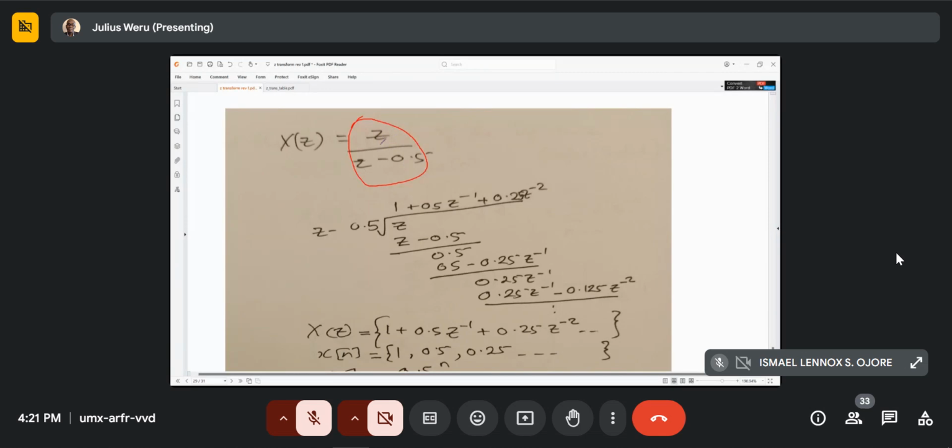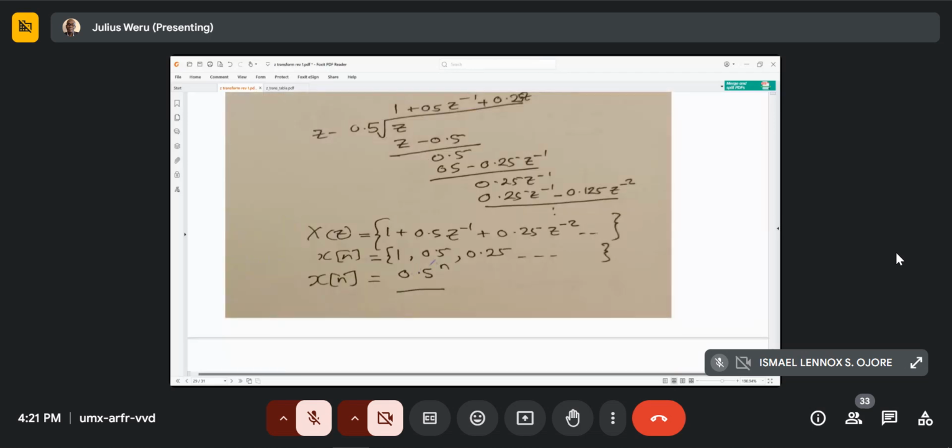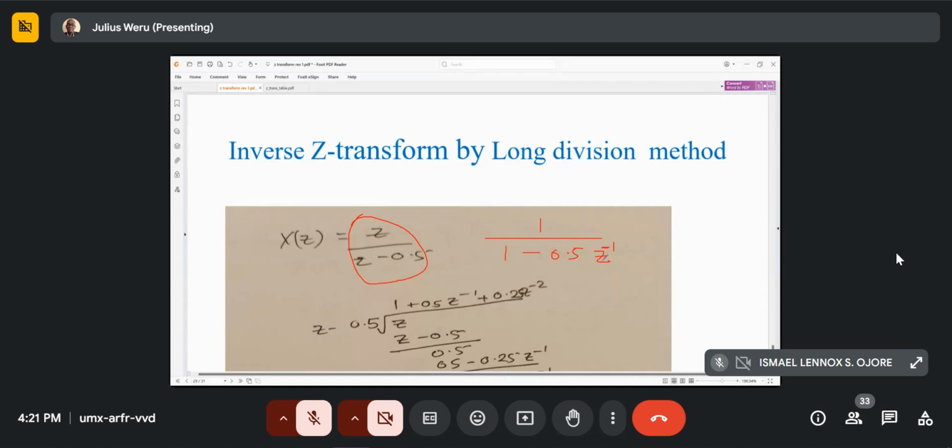I think if you go to the table, you can find this, because this is simply 1 over 1 minus 0.5 z to the minus 1. Otherwise, if you check from the table, you'll find that it is equal to this. This form, I think we can get it here.